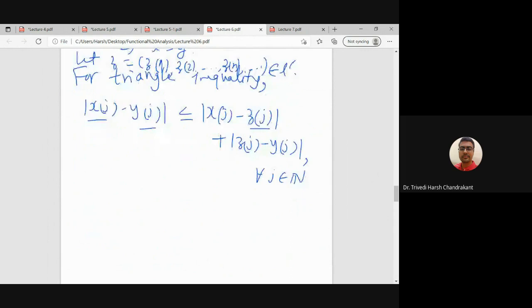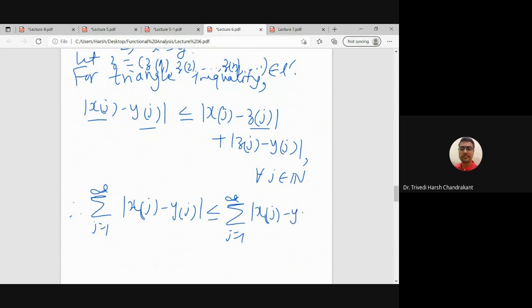And then now we can take the partial sum and then take the limit of the partial sum. So we get summation 1 to infinity zj.